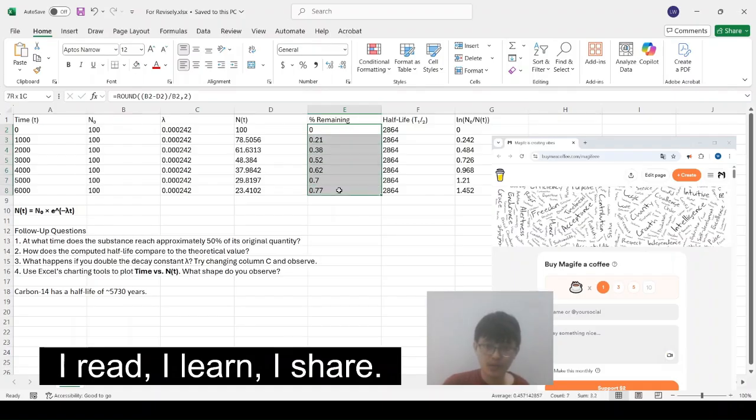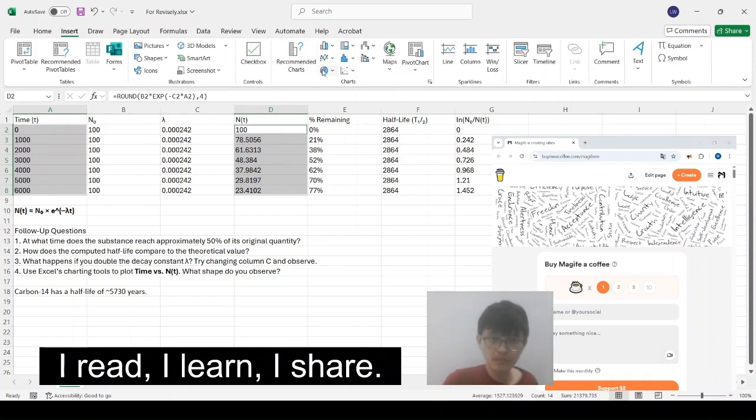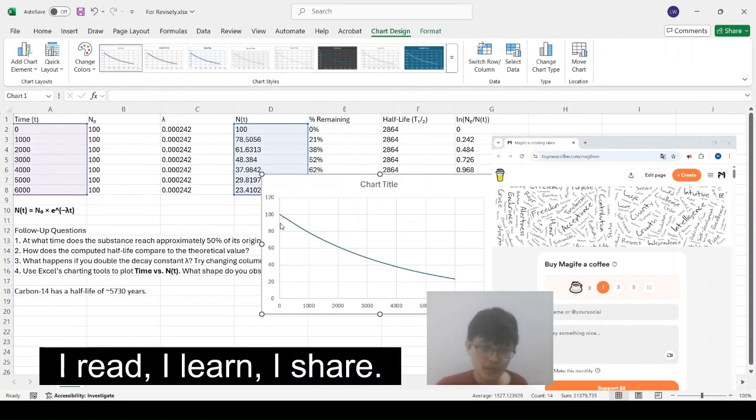Or we can use the formula, click this one, make it a percent. So now we proceed to the graph. You see the graph here is similar to a logarithm.